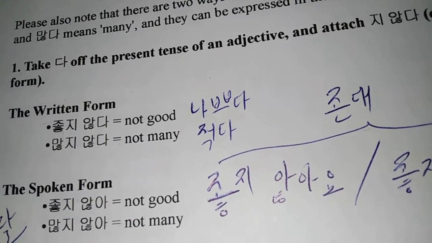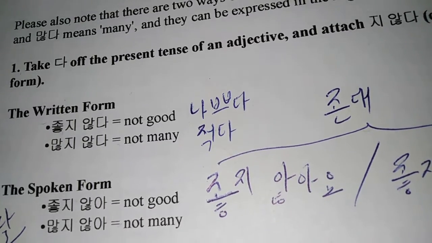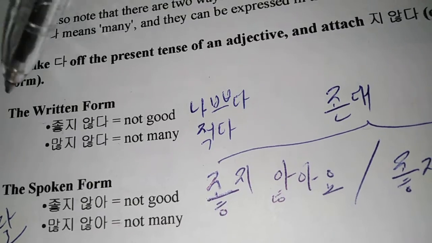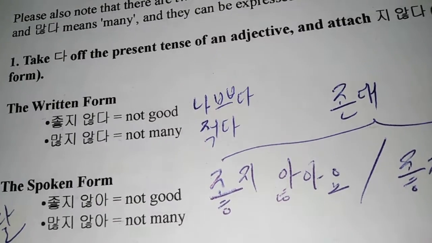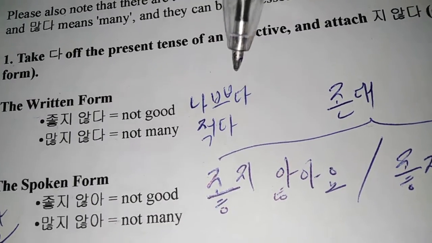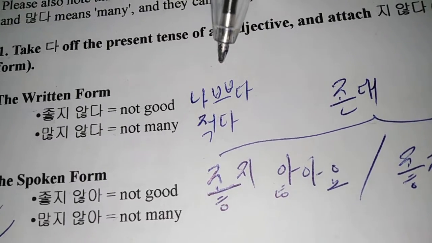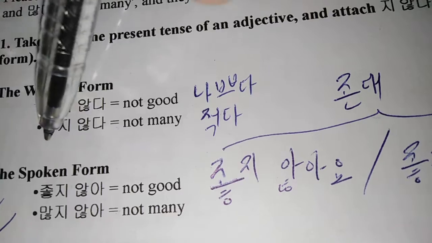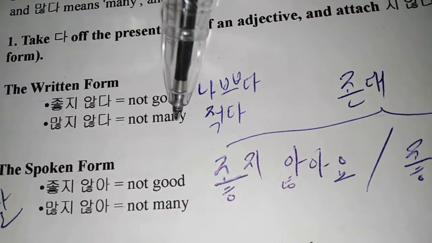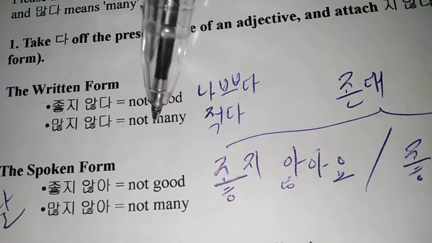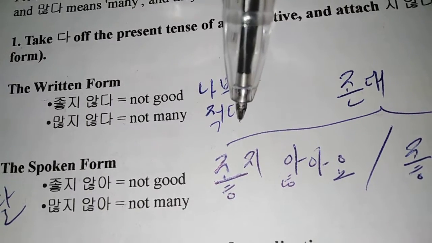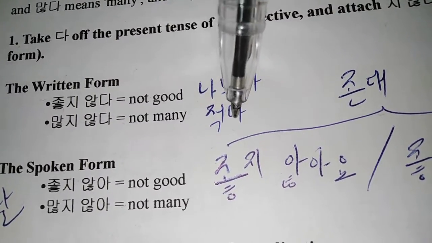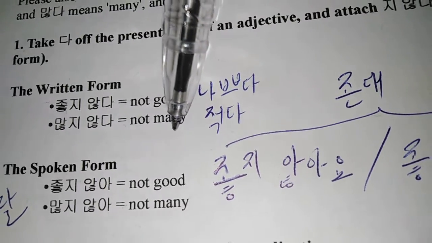For not liking, it's just the same thing, 좋지 않다, rather than using nappada. So nappada is just for bad. Nappada can't be used for not liking. 많지 않다, so not many. That means little when you talk in the quantity sense, and that is chokda. Chokda means little in quantity.